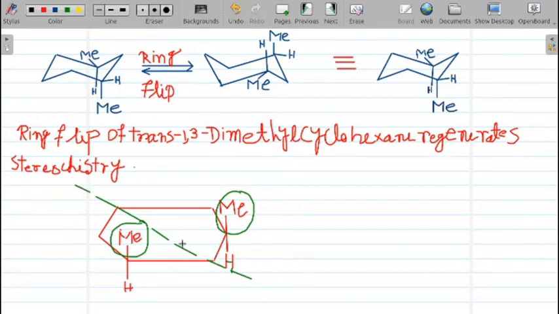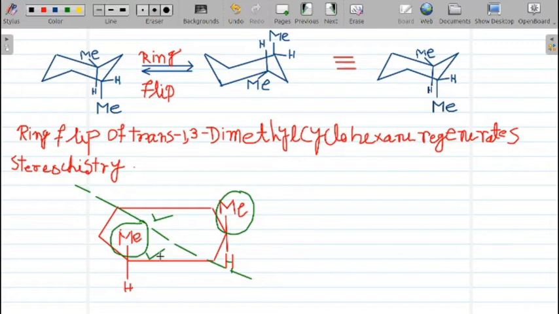you can see that through this plane the two sides of the cis 1,3 dimethyl cyclohexane will be symmetrical. So in cis 1,3 dimethyl cyclohexane there is a plane of symmetry in the molecule.